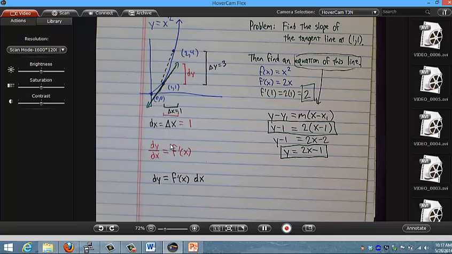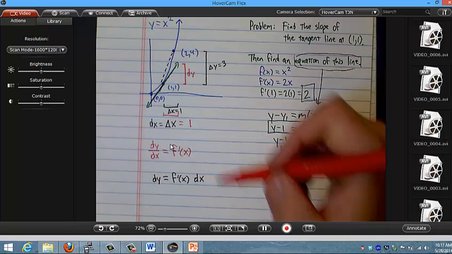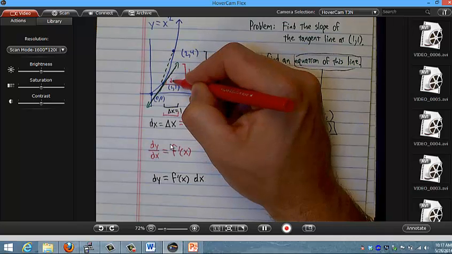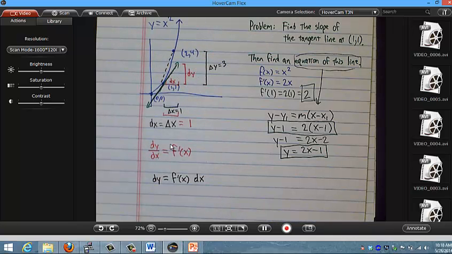You can see that if you look right here. This we said is dx, this is dy. If I asked you to find the slope of the green line, dy over dx is the slope of the green line at x. Do you guys see that?